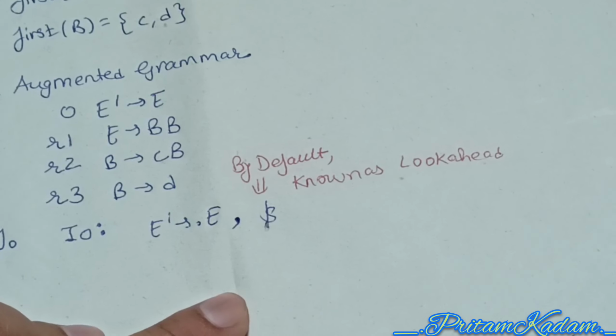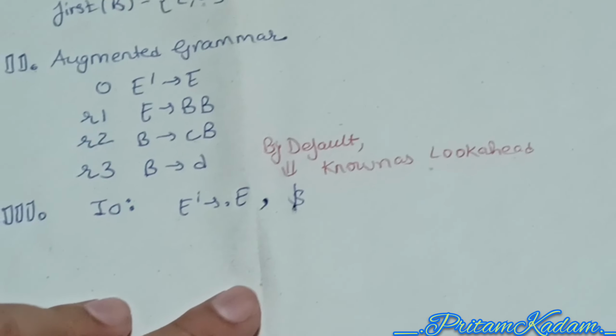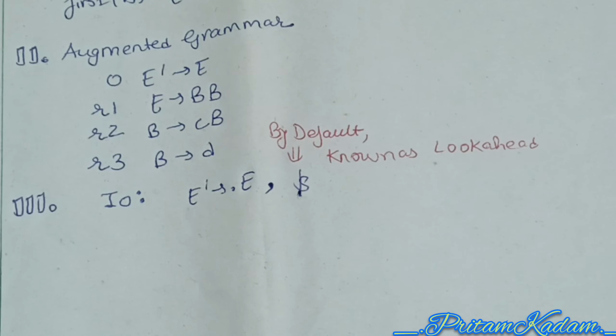Now as we have a non-terminal after the dot, we will write the productions of it. We write the productions of E, then we get dot capital B capital B, so we will write the productions of capital B as well.